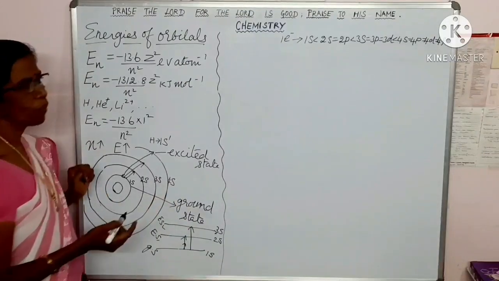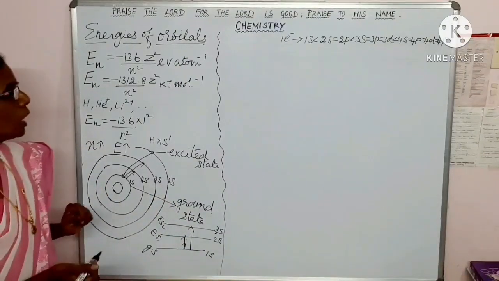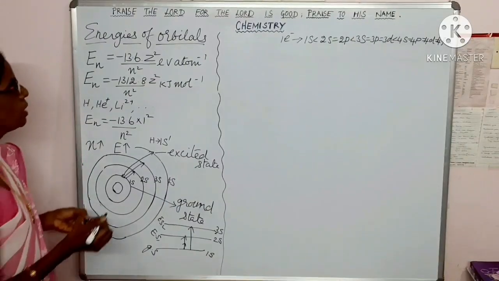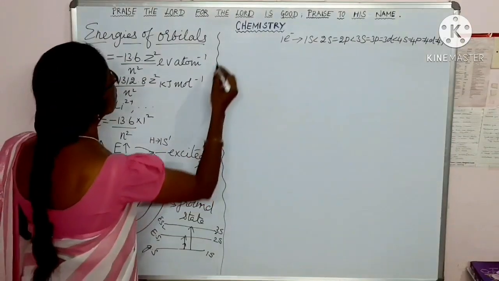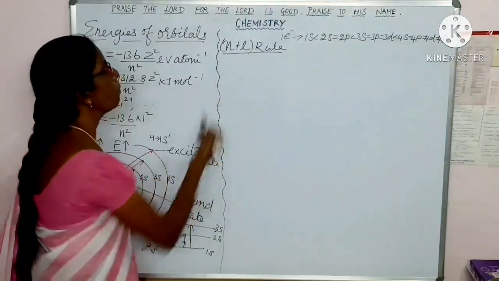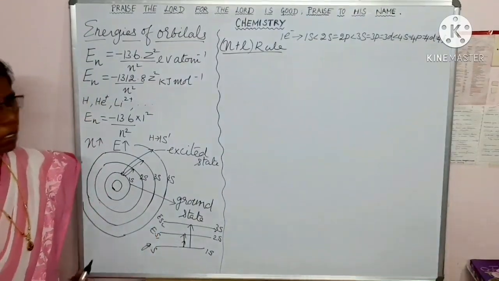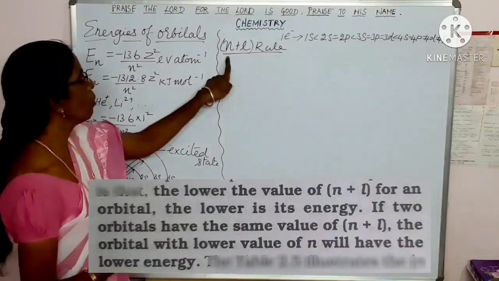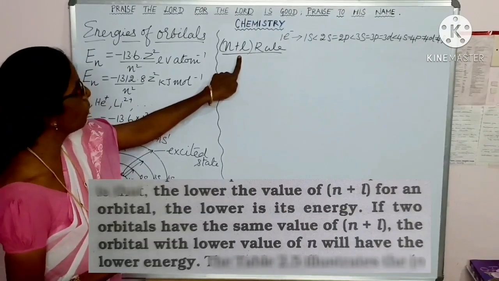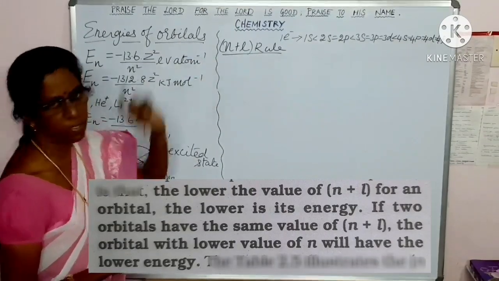So we are going to find a relative order of energy levels for the various orbitals based on the n plus L rule. So what is the n plus L rule? According to this rule, the lower the value of n plus L for an orbital, the lower is its energy.